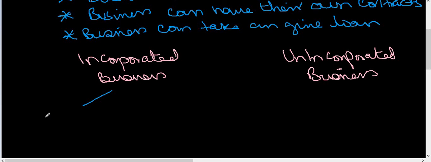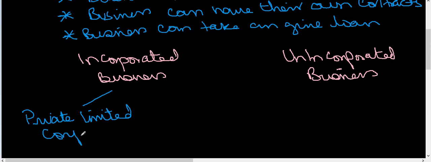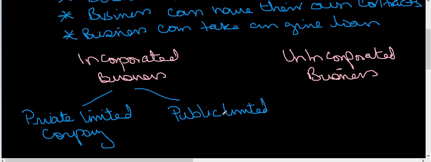One incorporated business, one of them is called private limited company, and the other one is called public limited company.